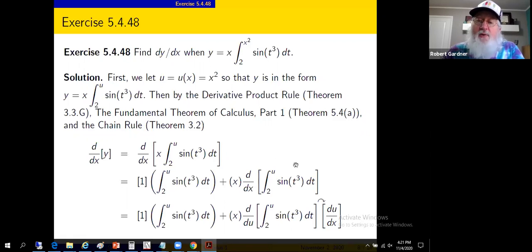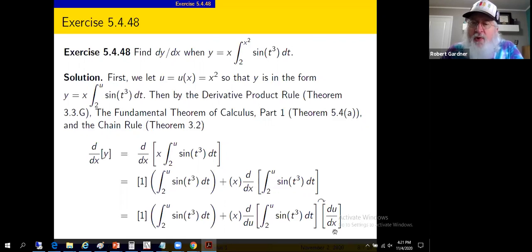So by the chain rule, I know it's a chain rule because I see a little arrow there, we're differentiating this. Here's the derivative of the outer function, and inside that function is the u function. So let them multiply by du dx.